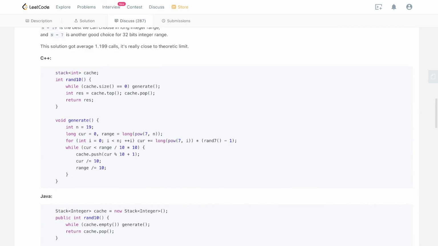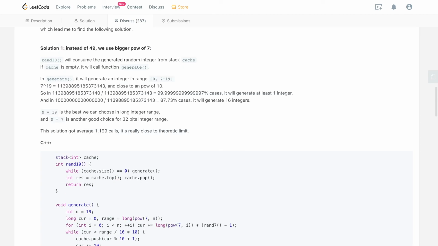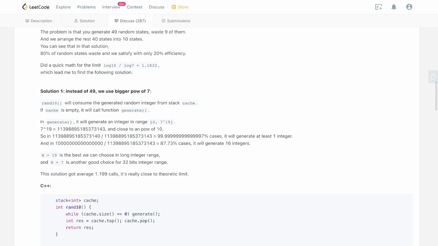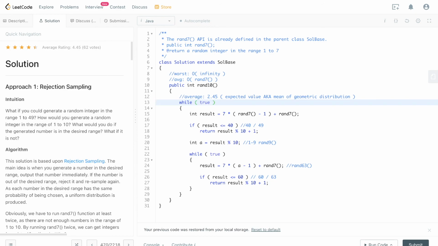If one of you wants to make a video on that, by all means. I'm perfectly fine with the basic approach and then optimizing the basic approach. But if you want to get into the more mathy way of doing it, then by all means. I just wanted to throw out there that there exists an even more efficient way to go about this. Okay, so that is the entire problem.